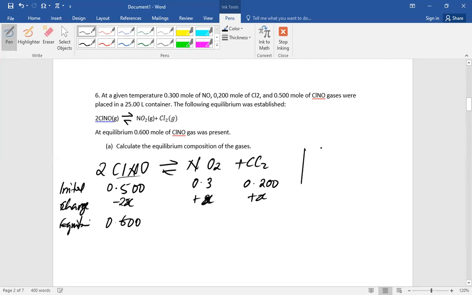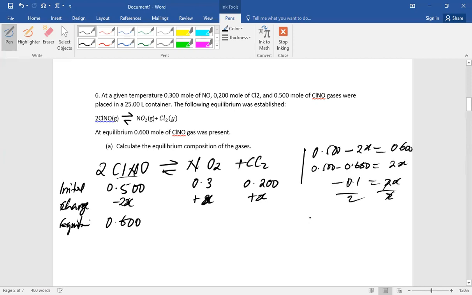So now we say 0.5 giving us 0.600, which is equal to 2x. 0.5 minus 0.6 is negative 0.1. So x is equal to negative 0.05. So that is the change. So x is a negative value.